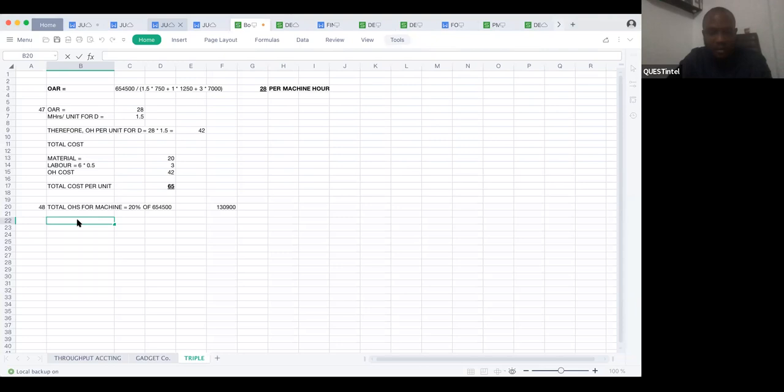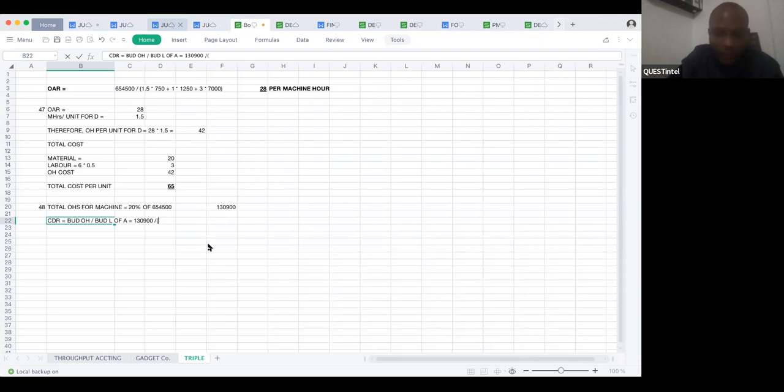So from here, the cost driver rate will be equal to the budgeted overheads divided by the budgeted level of activity, which will be equal to 130,900. Now we have to do the division. Machine hours, right? Machining, so it's similar to what we did on top.